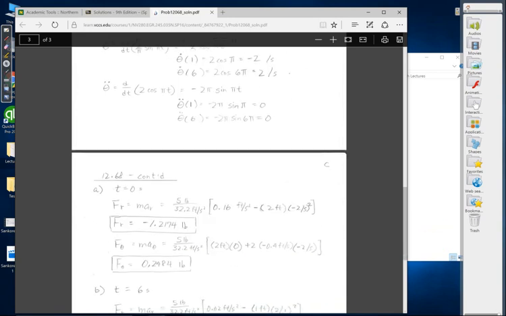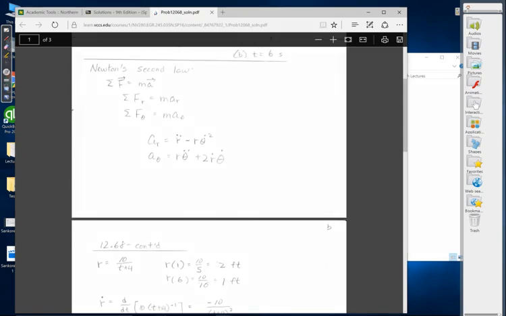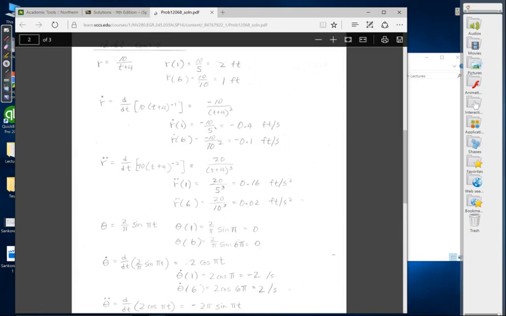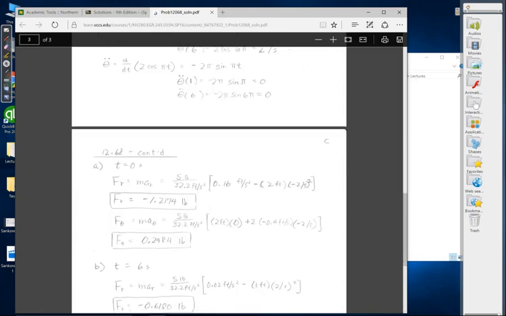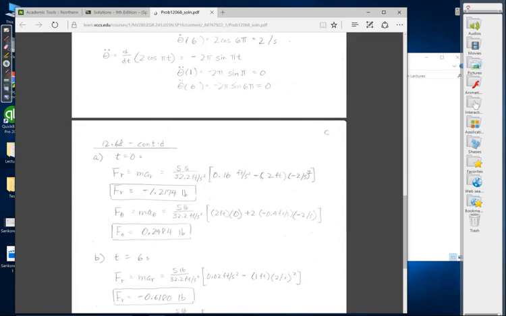And now you can find your accelerations. You're going to find your accelerations for r and theta at 1 second and 6 seconds. And once you have that, then you just apply sum of forces is mass times acceleration, where now your forces are the unknowns. Your mass is 5 pounds divided by 32.2 feet per second squared.